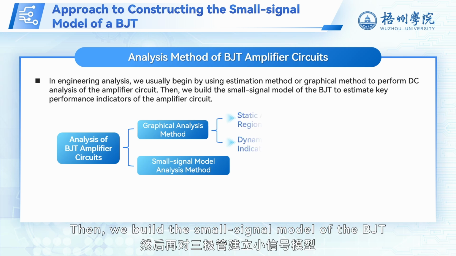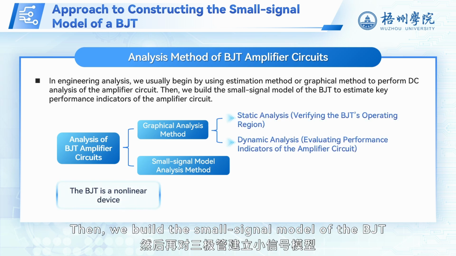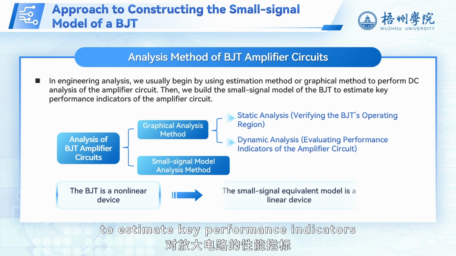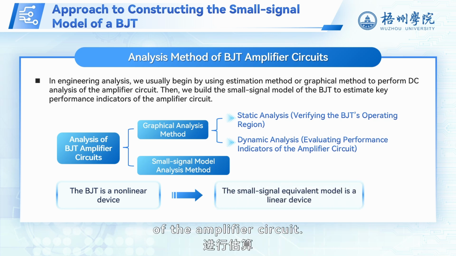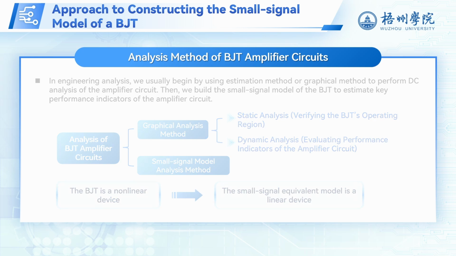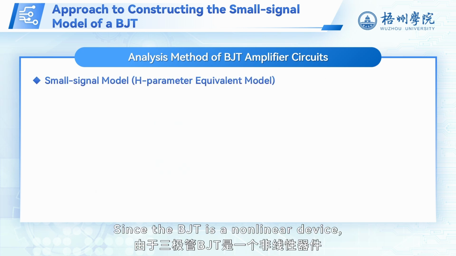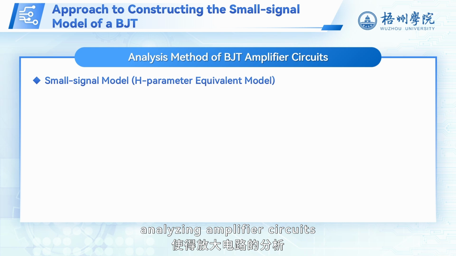Then, we build the small signal model of the bipolar junction transistor to estimate key performance indicators of the amplifier circuit. Since the bipolar junction transistor is a nonlinear device, analyzing amplifier circuits becomes quite complex.